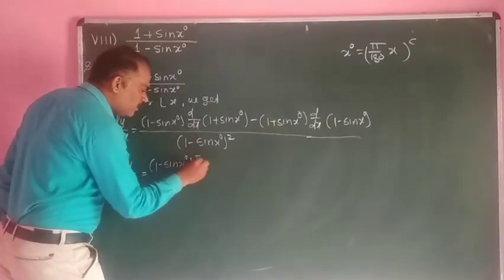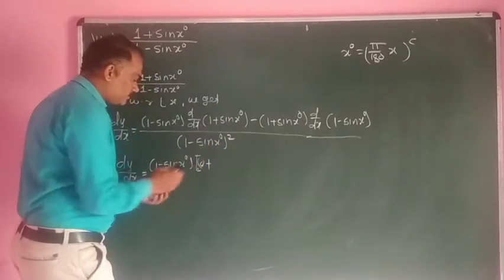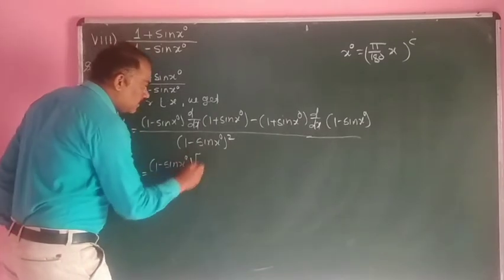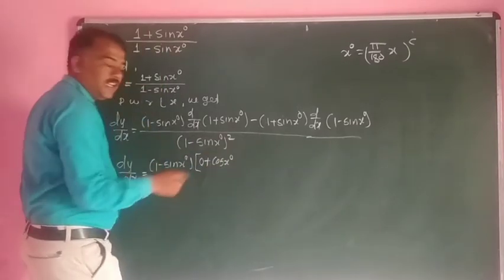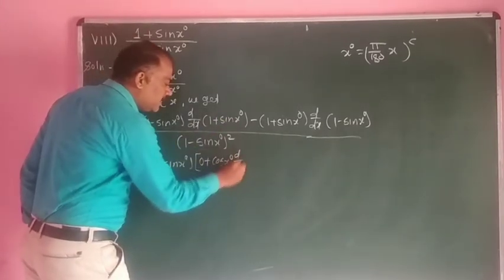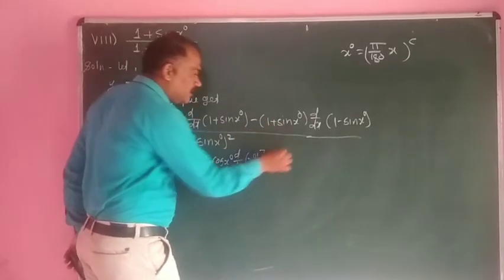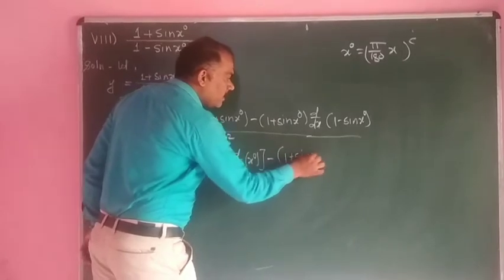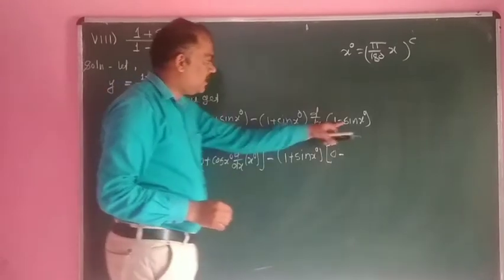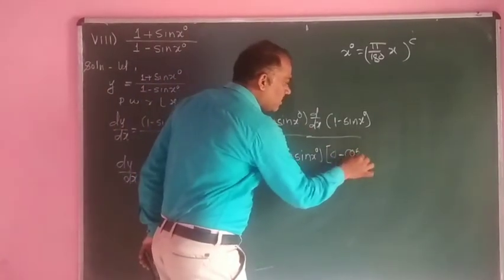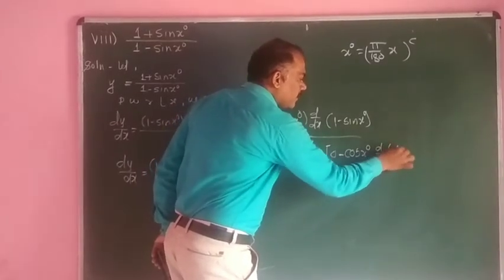The derivative of 1 is 0, plus the derivative of sine, which is cos x degree, now taking the derivative of the degree measure, that is d dx of x degree, minus this bracket kept as it is, (1 plus sine x degree) into, the derivative of 1 is 0, minus the derivative of sine, nothing but cos, keep the angle as it is, into d dx of x degree.